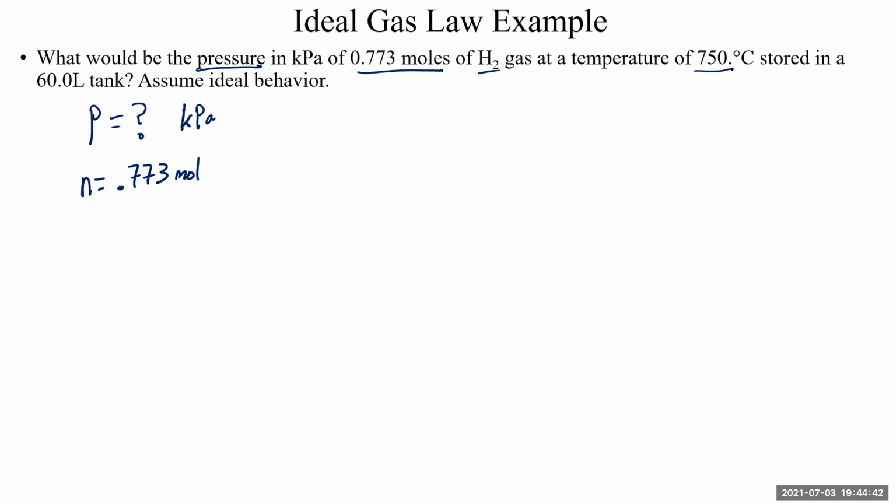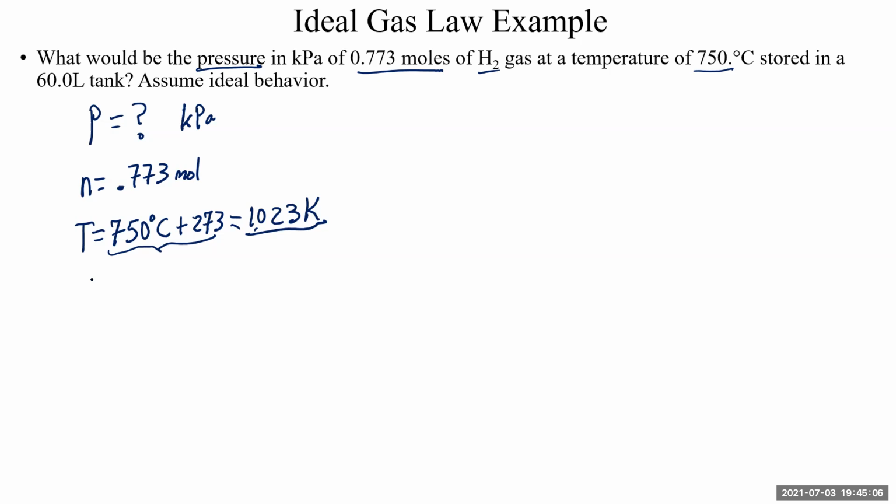At a temperature of 750, so temperature equals 750 Celsius, but remember, just because I give you Celsius doesn't give you permission to use Celsius. We still have to convert. So I'm going to take that 750 and add 273, so I get 1023 kelvins. And that's my temperature.